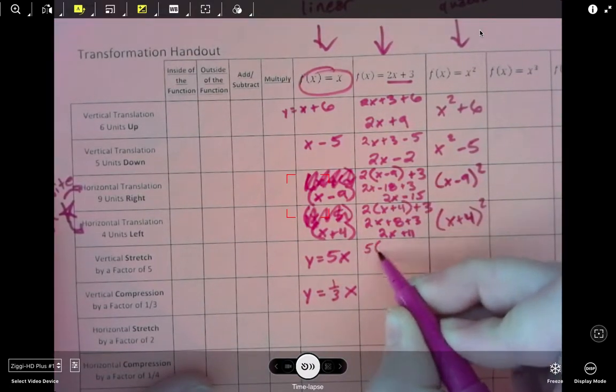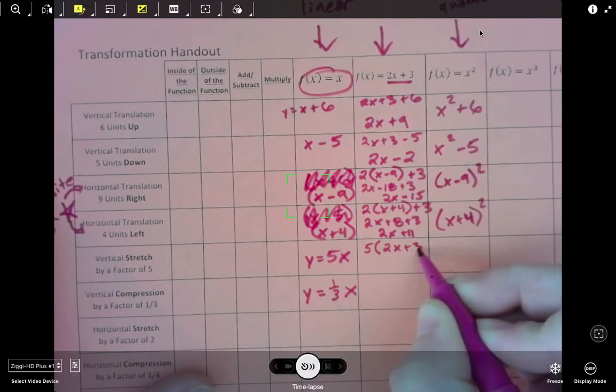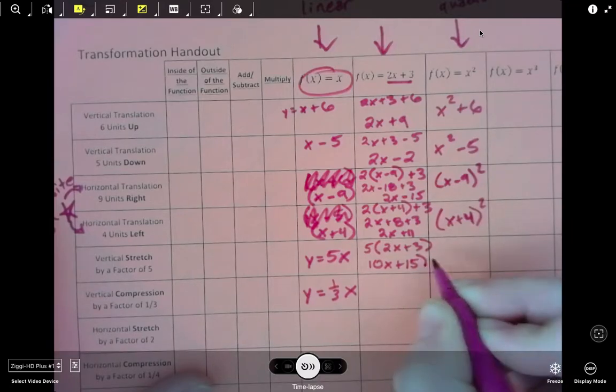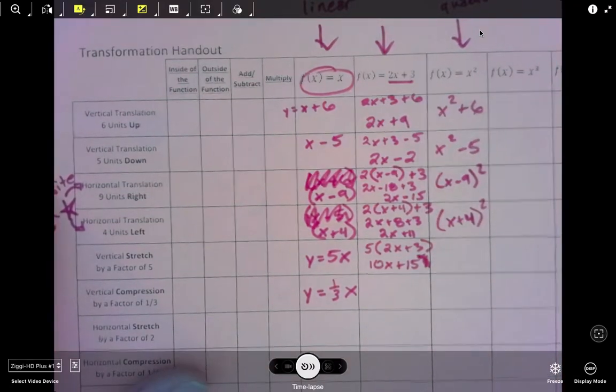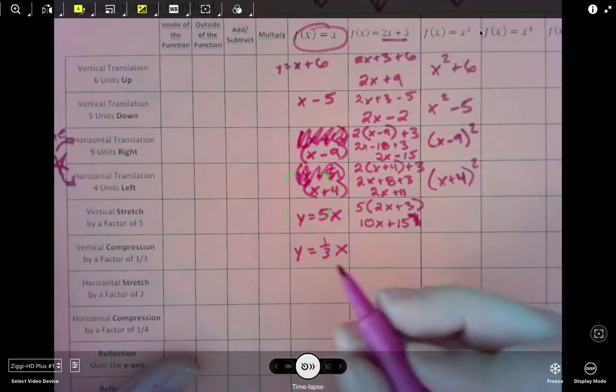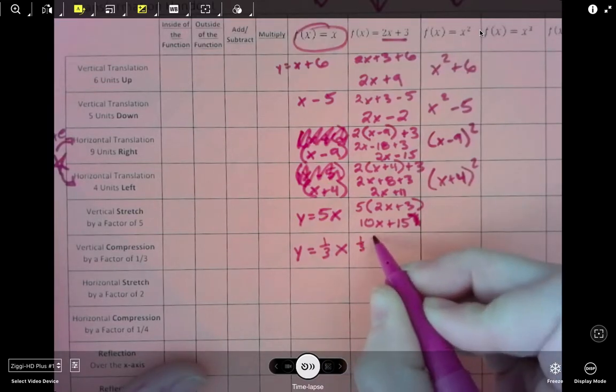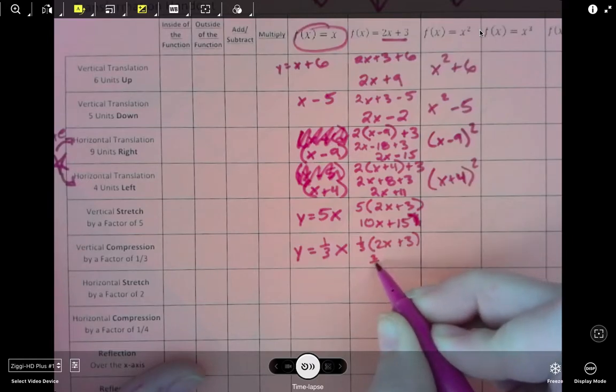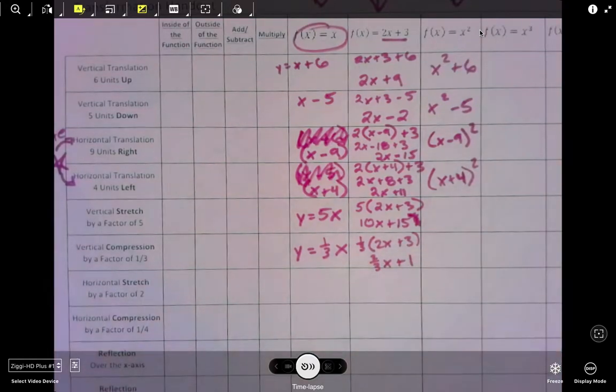Now, how does that change when it's 2x plus 3? The 5 is on the outside, and you're multiplying by 2x plus 3, so it's 10x plus 15. Don't put parentheses there. 1/3 is 1/3 times the whole thing, so 2x plus 3, and that will make 2/3 x plus 1. I'll slow down here real quick. The 5 is basically being tacked on to the very beginning.